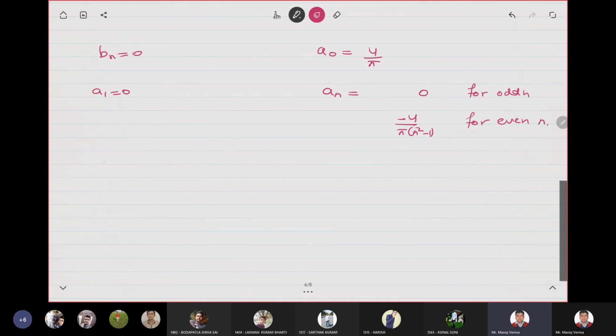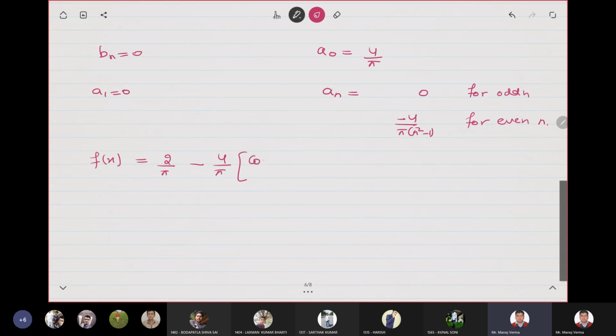So I can construct my Fourier series expansion for full wave rectifier like this. This a naught by 2 will give me 2 by pi, 2 by pi minus this 4 by pi n square minus 1 I will take inside the summation sign, and only for even n, this value of an will be defined.